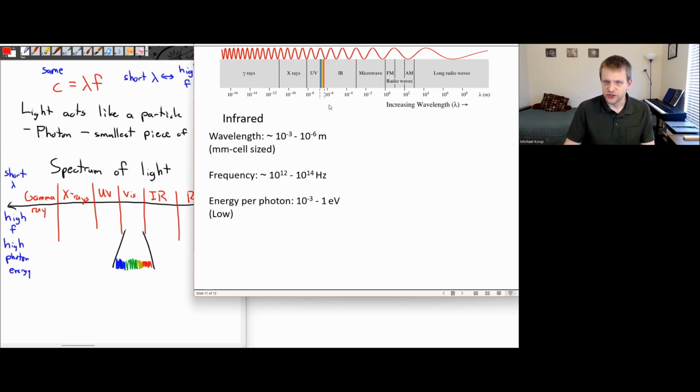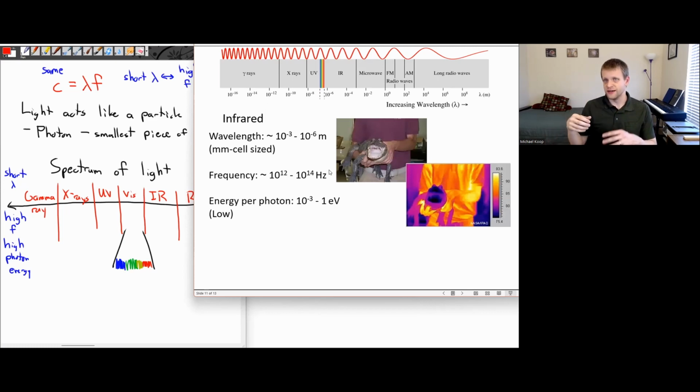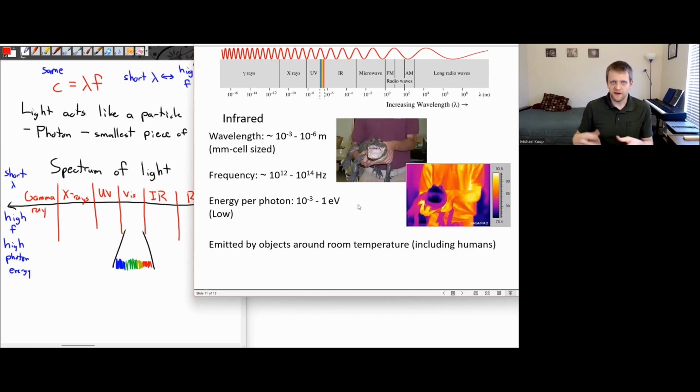Going to longer wavelengths. So now we're at a little bit longer wavelength, lower frequency, and lower energy per photon. This is infrared light. Now, if you've ever seen, say, a spy movie or a movie where they're talking about having infrared goggles, well, those are designed to look at infrared light. And if I have different objects at kind of normal room temperatures, so things like body temperature, things like other objects around this room, depending on the temperature of the object, it will give off more or less infrared light.